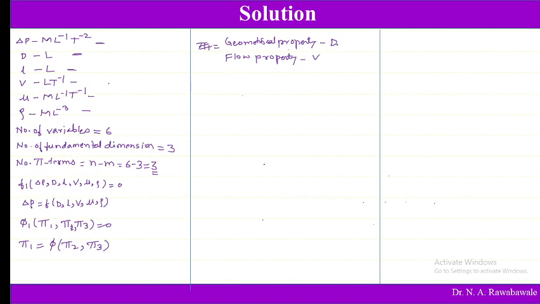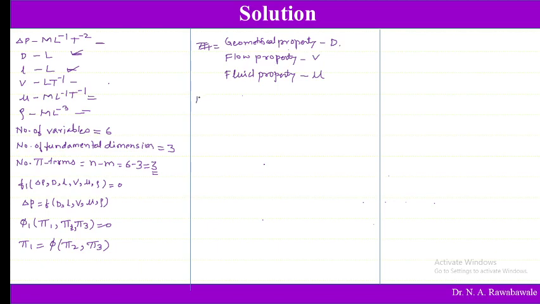Geometrical property, diameter or length we may select, it depends. Then fluid property, we may select density or viscosity. So here we select viscosity. It is our choice whether to select diameter or length, viscosity or density. It makes no difference.